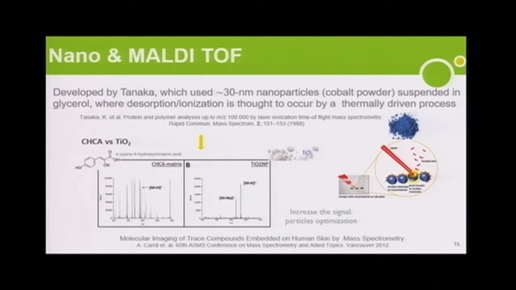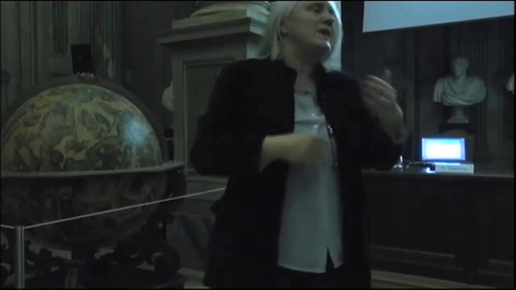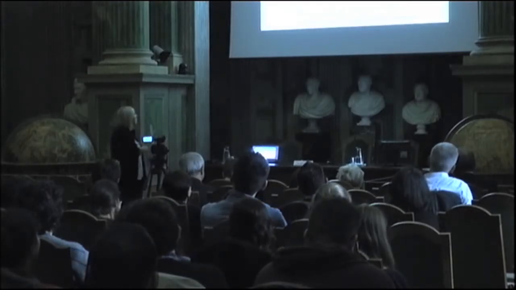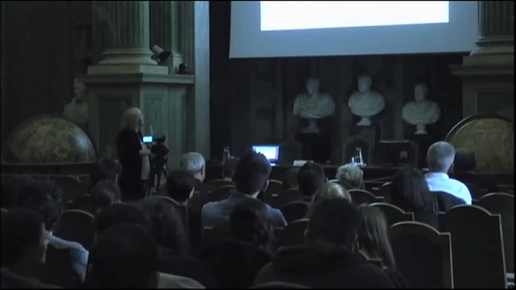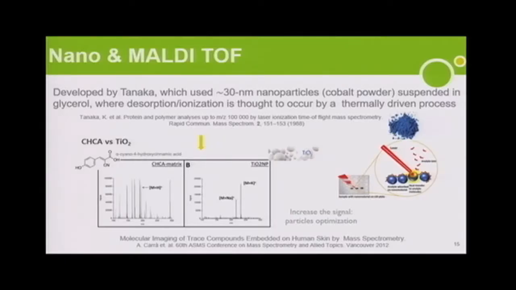That is why, for example, in 1988, so very early, Tanaka, who also discovered the MALDI-TOF technique, used for the first time some nanoparticles, in particular cobalt powder, in order to analyze some proteins and polymers, high molecular weight molecules, okay? Then we have a development, and in particular a group of the Mario Negri Institute in Milano used for the first time titanium oxide as matrix, so nanoparticles of titanium oxide.